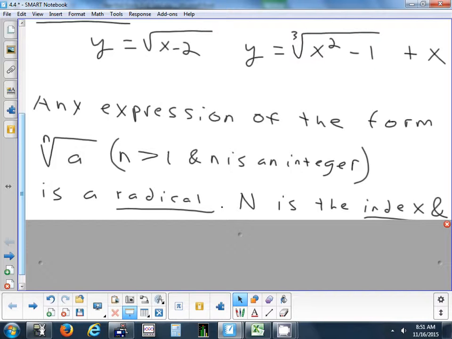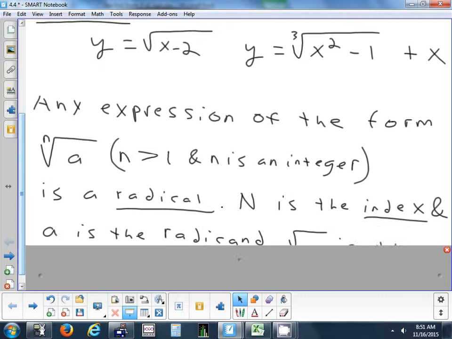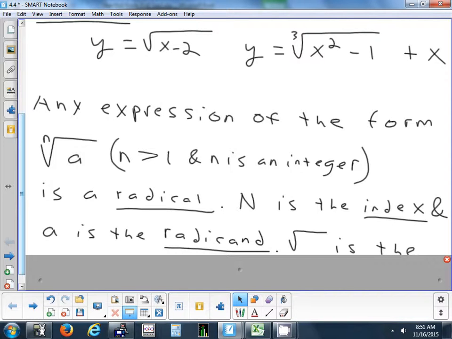Any expression of this form, where n is an integer greater than 1, is called a radical. The n, that little number in the check mark part of this symbol, is called the index. The thing that's under the root, in this case a, is called the radicand.